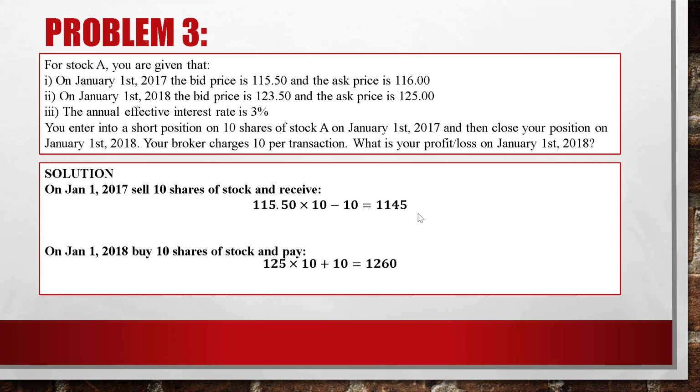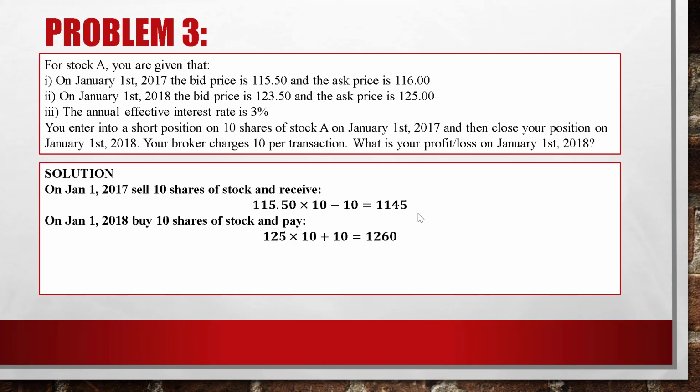And then a year later, you buy 10 shares. Of course, when you buy, you have to calculate using the ask price on January 1st, 2018. In order to buy 10 shares at that time, you have to pay 125 times 10, and also you have to pay the $10 transaction fee, which means you have to pay $1,260. So now we have two numbers, $1,145 and $1,260.